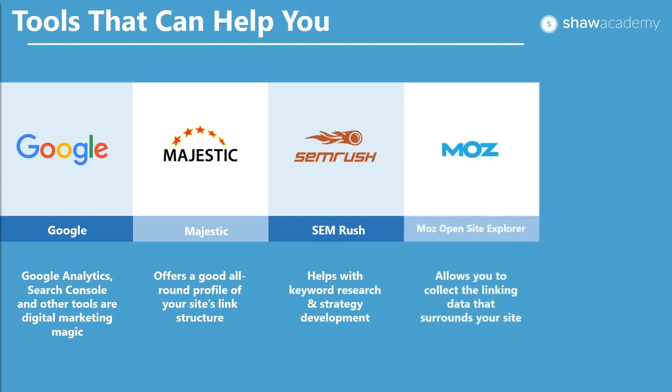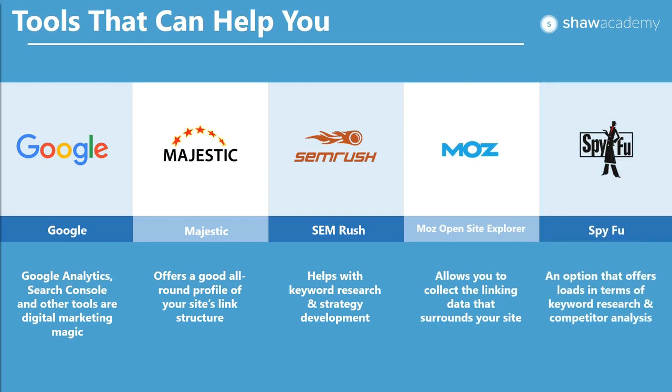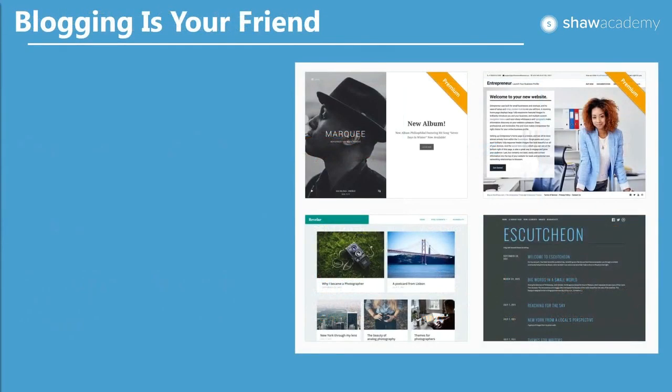Moz, Open Site Explorer, and the Moz bar as well are brilliant. They show you your links and your nofollow links. I'll share that with you a little bit later. And SpyFu, which is all for keyword research, loads and loads of research that you can do. This is going to be in your slides with links in those images, so when you're using it as a PDF, remember to click on those.